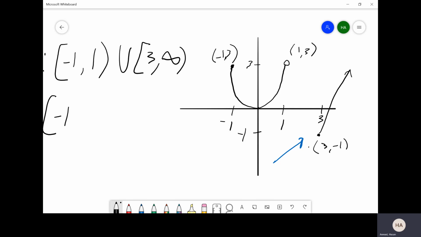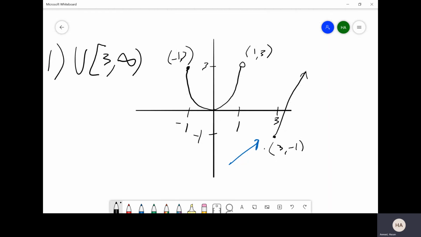And notice that because this line goes forever, this line right here is actually going to encapsulate all of the points that could be here, right? All of the range that could be in this parabola structure, which goes from 0 to 3, right? Again, if we're talking about the y-axis, it's starting at 0 and it goes up until it hits 3, but it doesn't go any higher than 3.